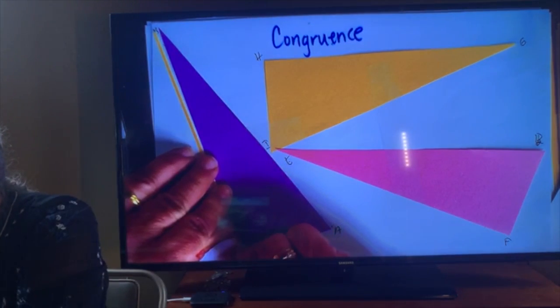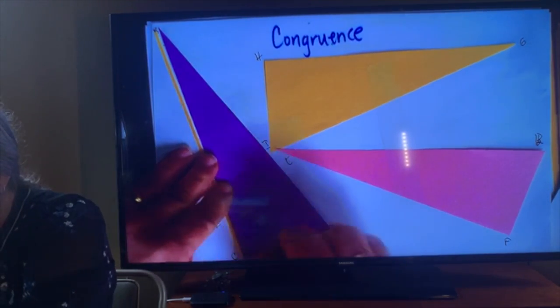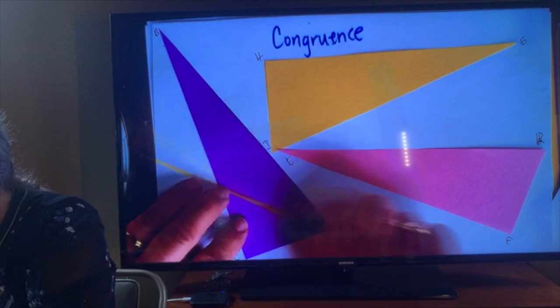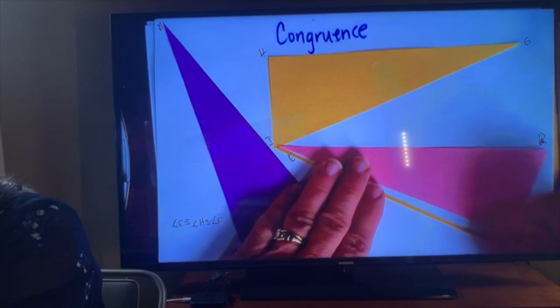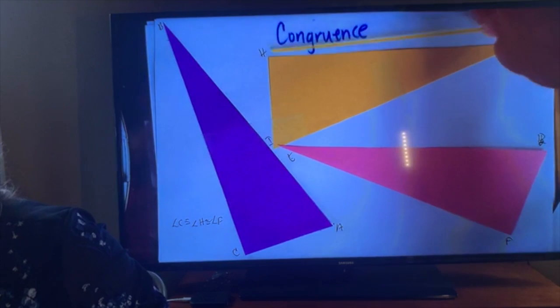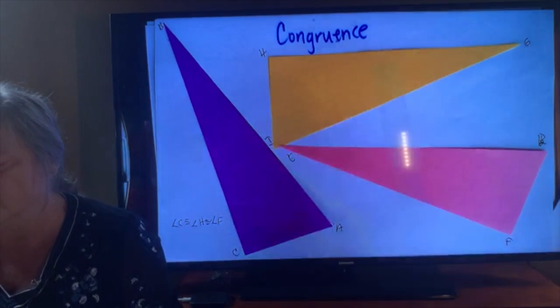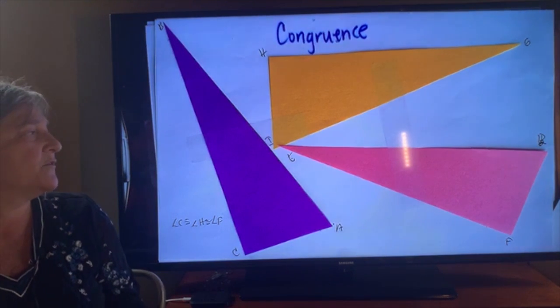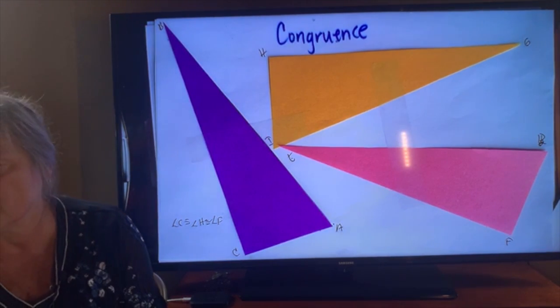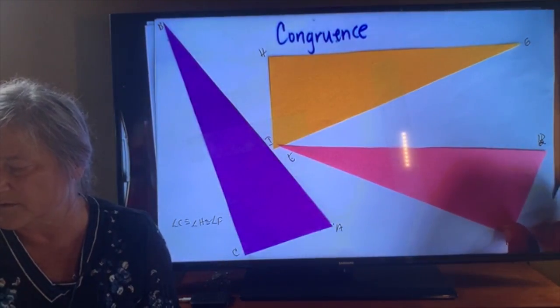Could be because I don't have my glasses on. All right, so we got this one. Let's make sure this one's okay. There we go. A smidge different for human error on the cutting. Okay, so we can prove the angles are the same, and we can prove that side measures are the same. That's the one thing that we want to know first for congruence.